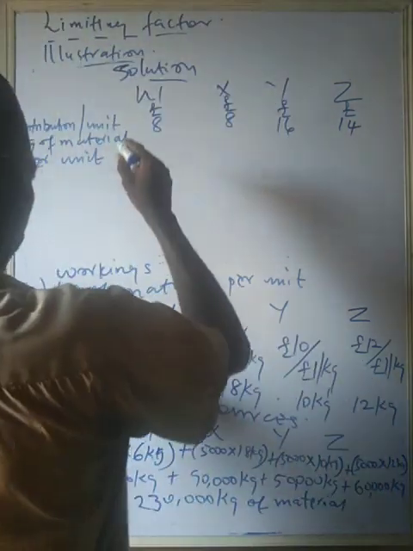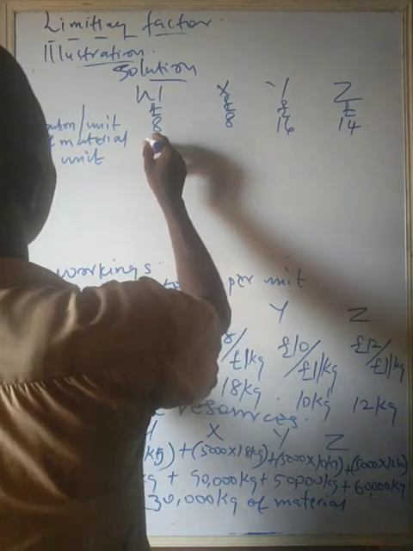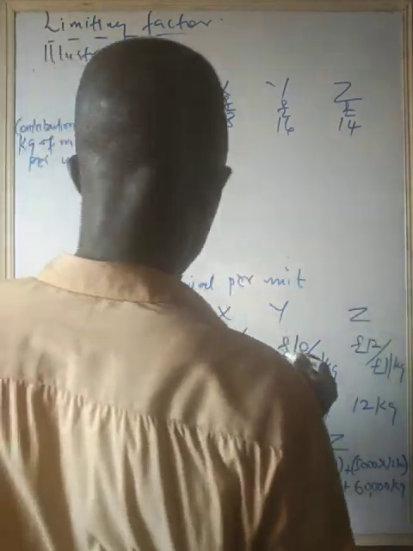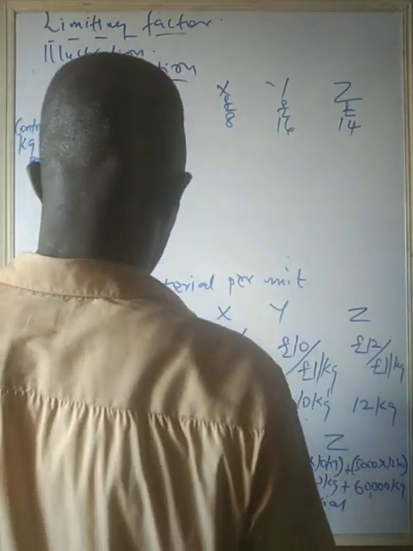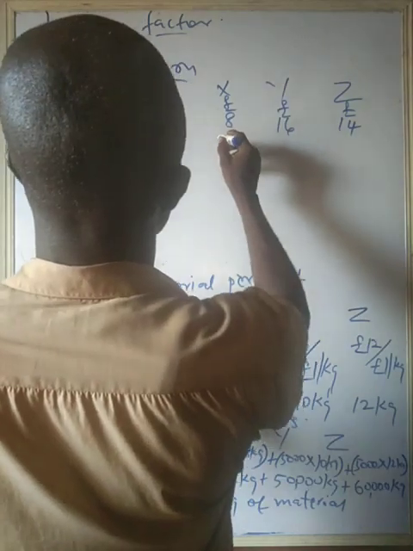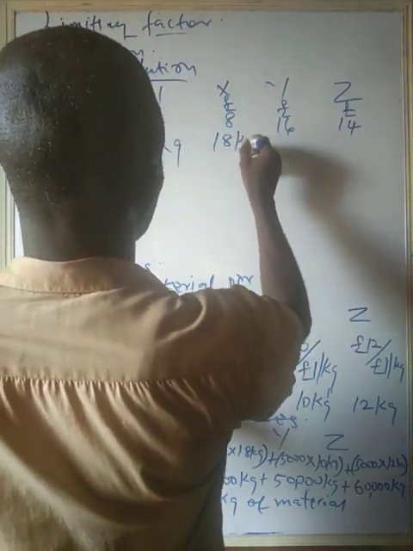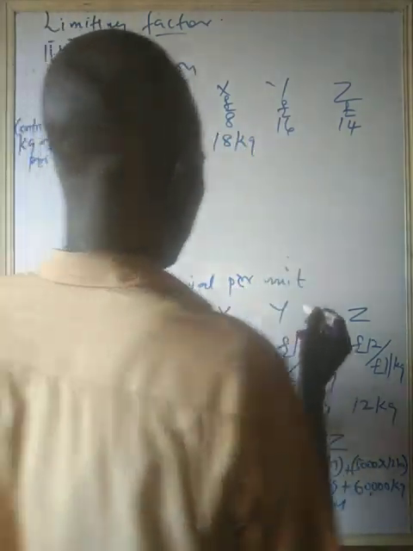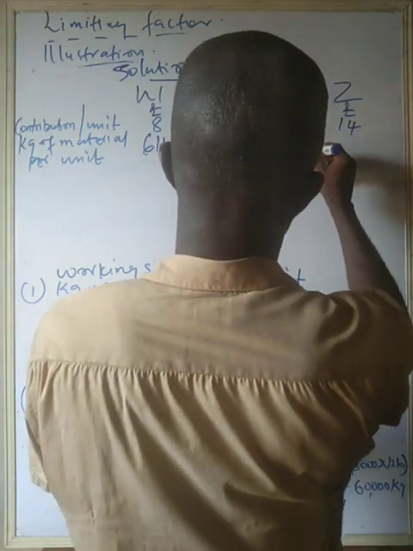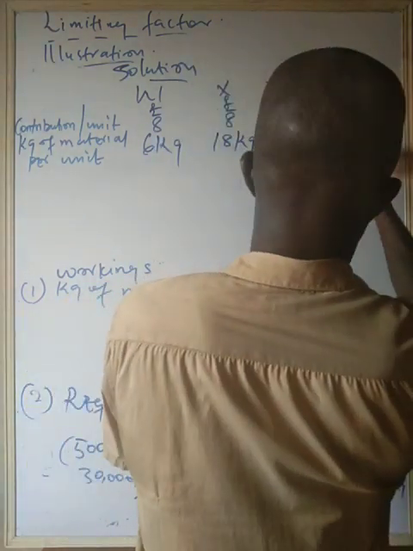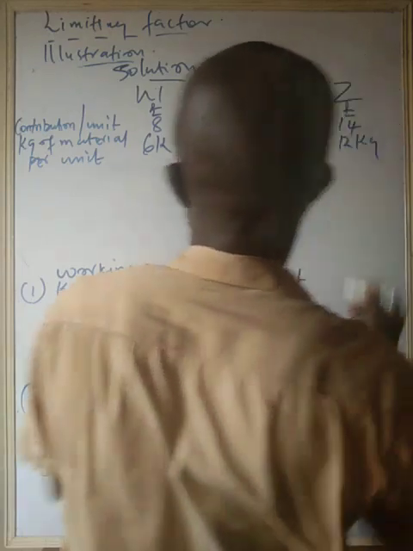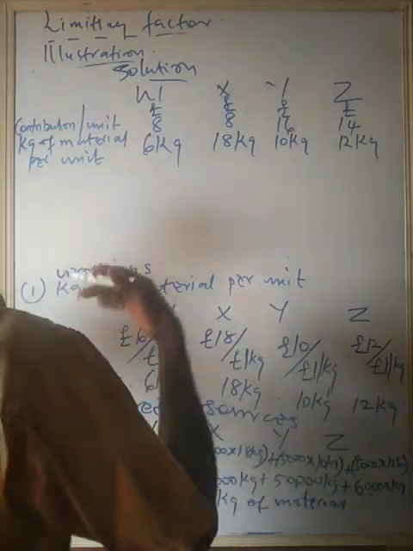For W, 6 kg. For X, 18 kg. For Y, 10 kg. For Z, 12 kg. We are now going to consider what?